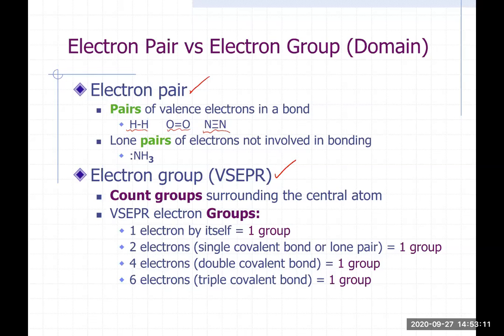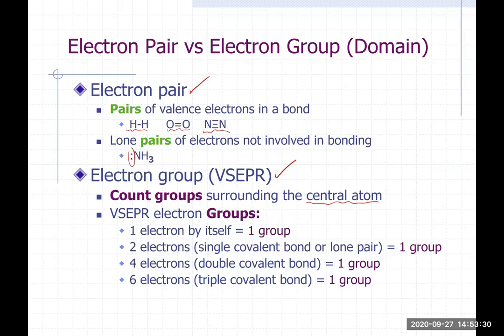We can also have pairs like that on ammonia over here that are not involved in bonding interactions. So how do we distinguish that from an electron group? With an electron group, again, we're looking for the groups that surround the central atom.